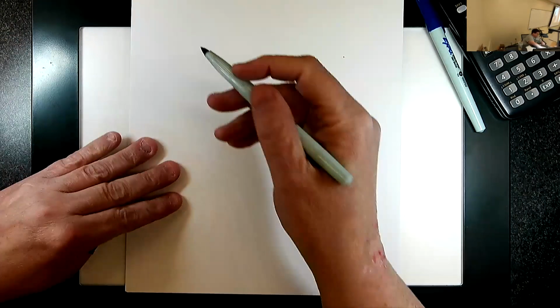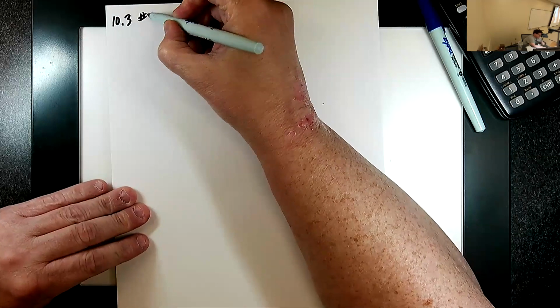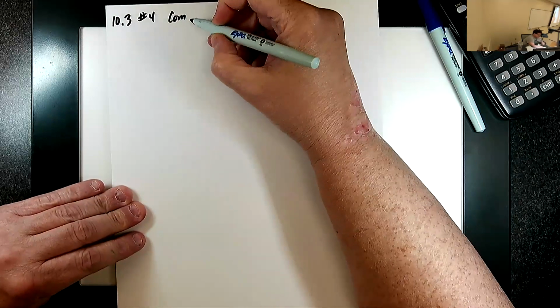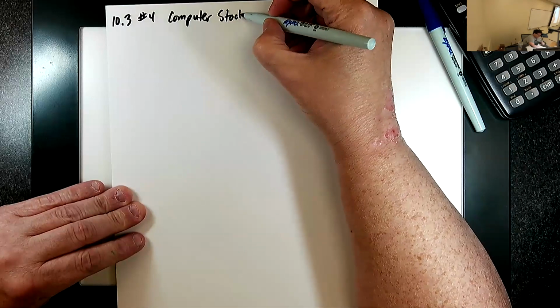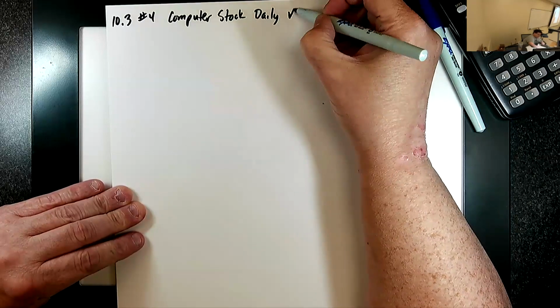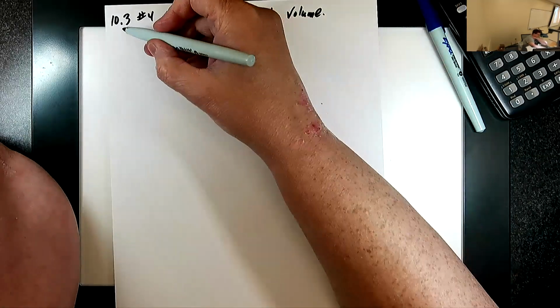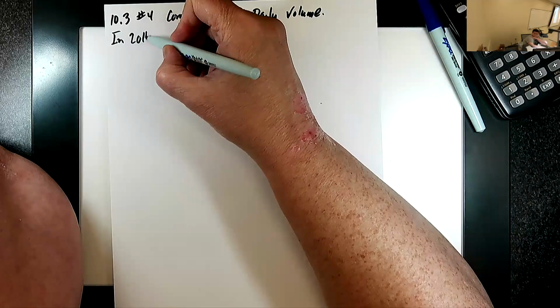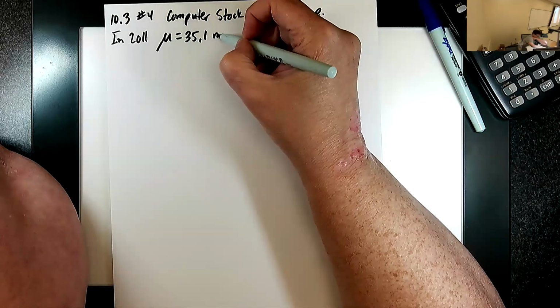So we're going to jump to 10.3. I'm going to do problem number 4. I'll show it to you in a second. It's on computer stocks, daily volume. And it says in 2011, the mean daily volume was 35.1 million shares.